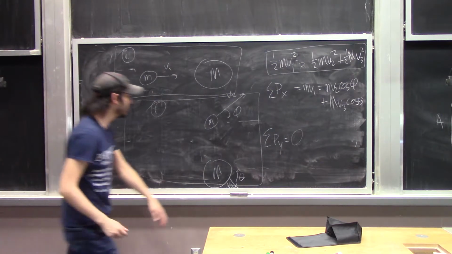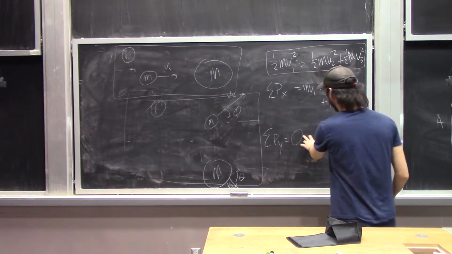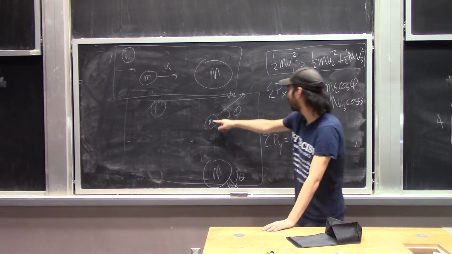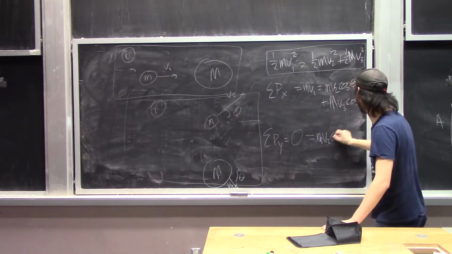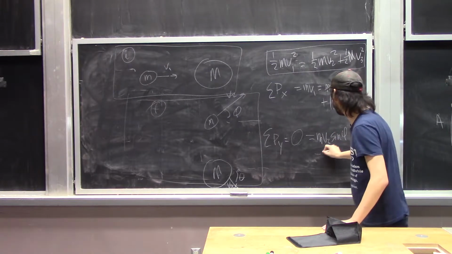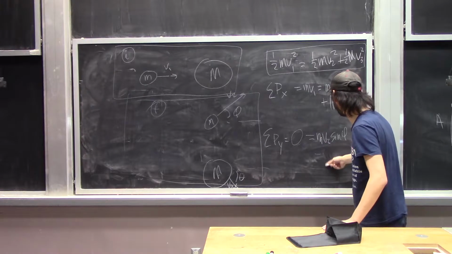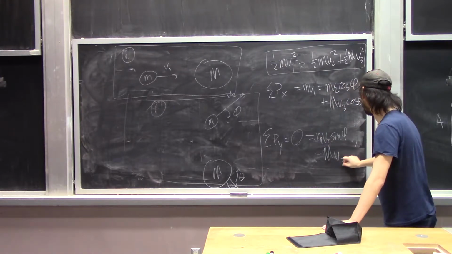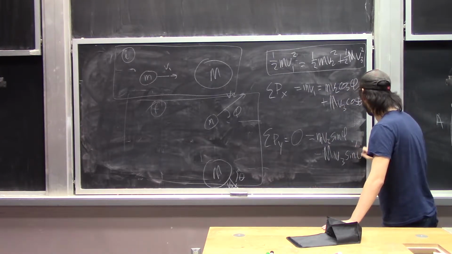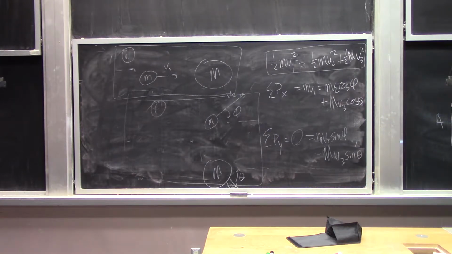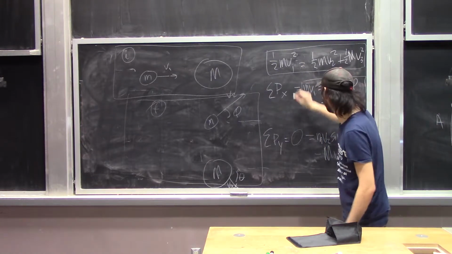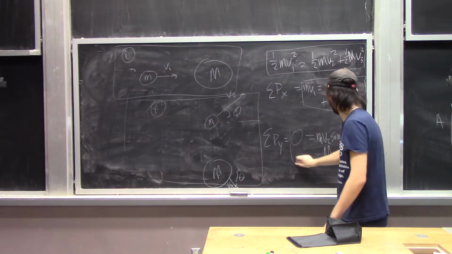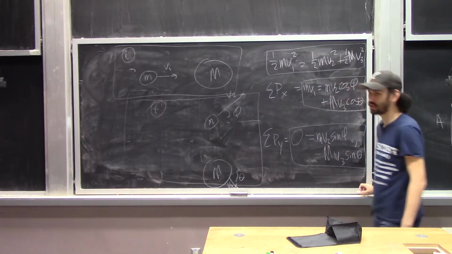And so the sum of momentum in y is equal to 0, which is going to be equal to m v2 times sine of phi minus capital M v3 times sine of theta. Okay? And that's it. We have our 3 equations and 3 unknowns because we don't know what any of these velocities are.